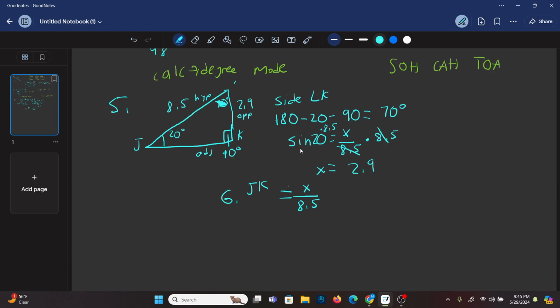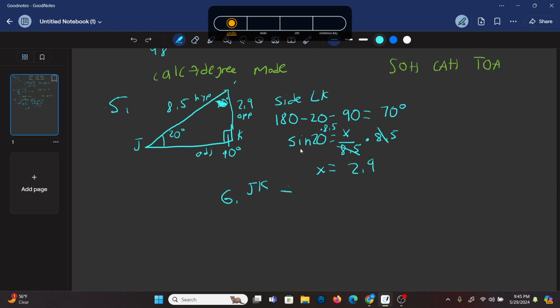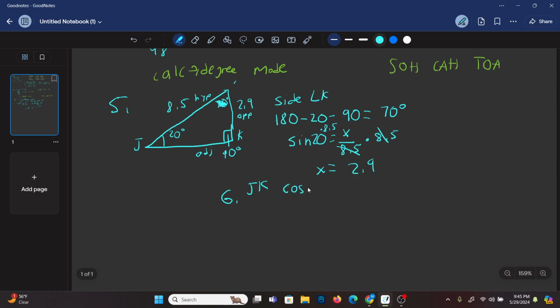Oh, I forgot the angle measure. So since this would be adjacent over hypotenuse, we would do cos 20 because that's the angle we're using, and adjacent, which is x, over hypotenuse, which is 8.5. To solve this, we would multiply both sides times 8.5, and that would give us our x value, which is cos 20 times 8.5.